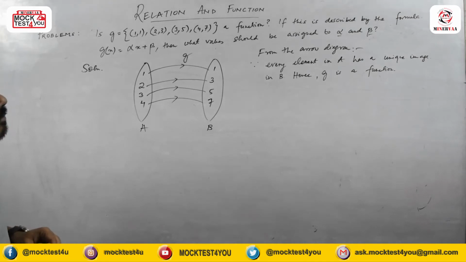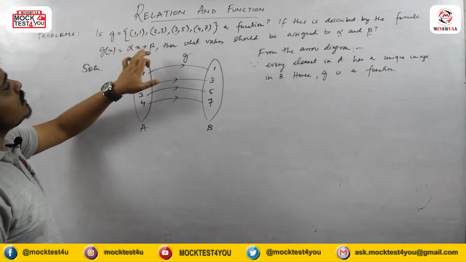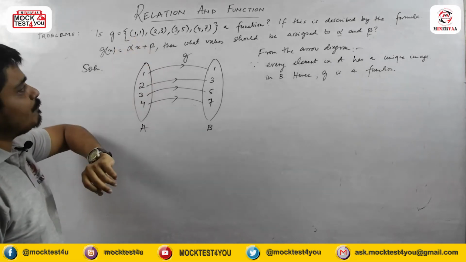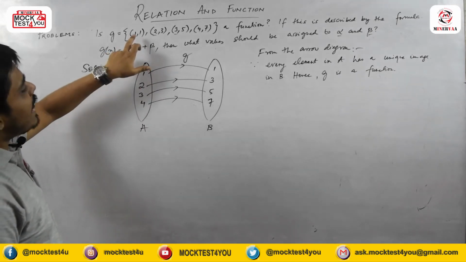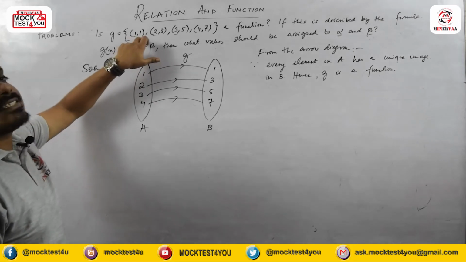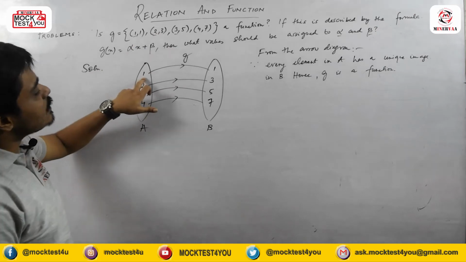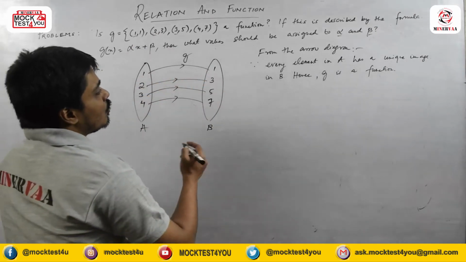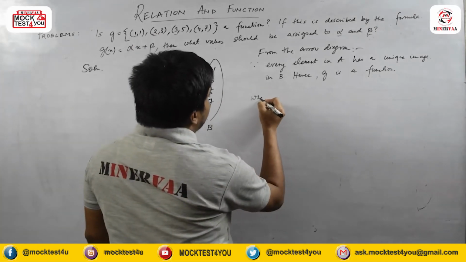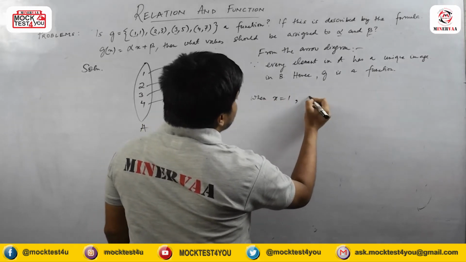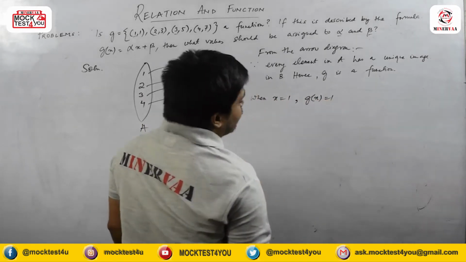So let us write what are the two linear equations we have here. The ordered pairs you see, let us pick the first one, that is (1, 1), right? It says when x is 1, g(x) is 1. When x is 2, g(x) is 3. So when x is equal to 1, g(x) is equal to 1.